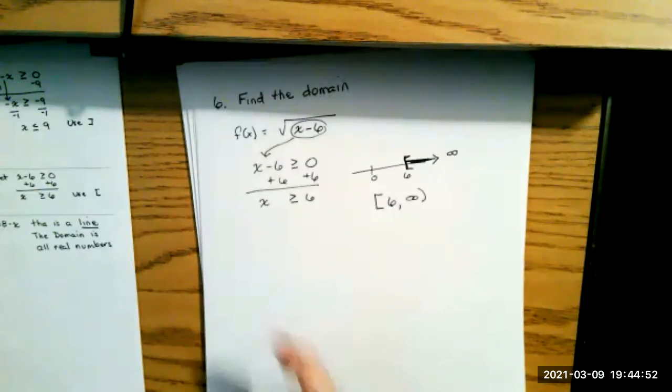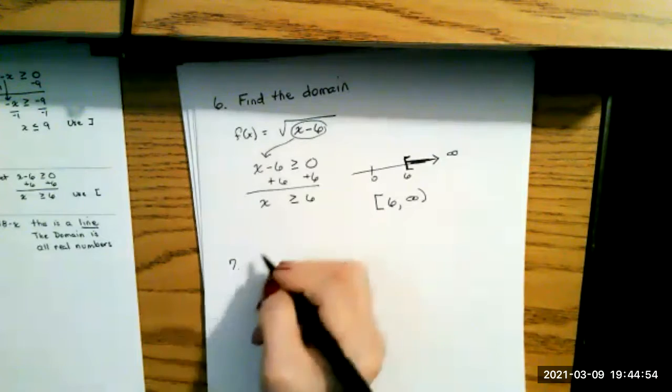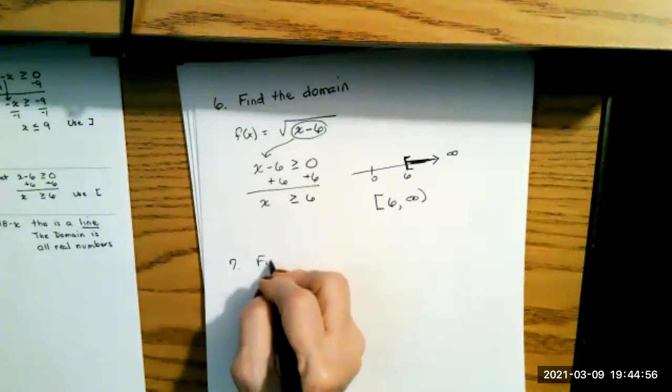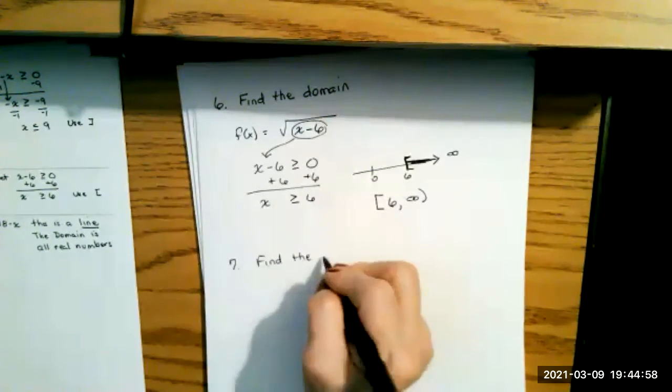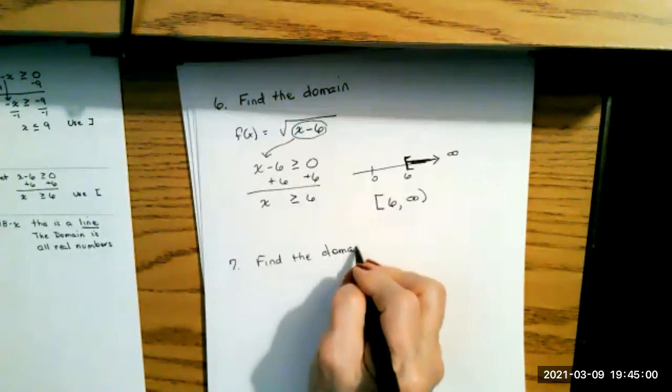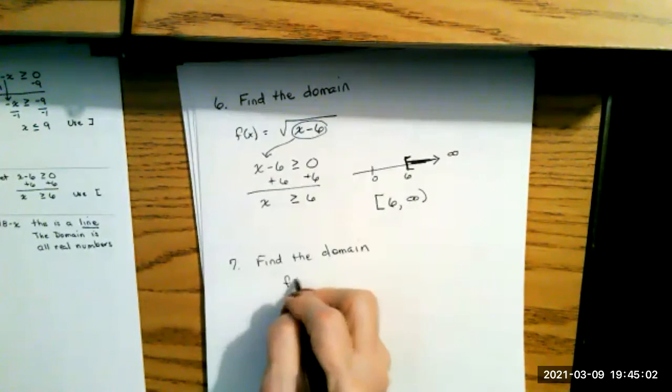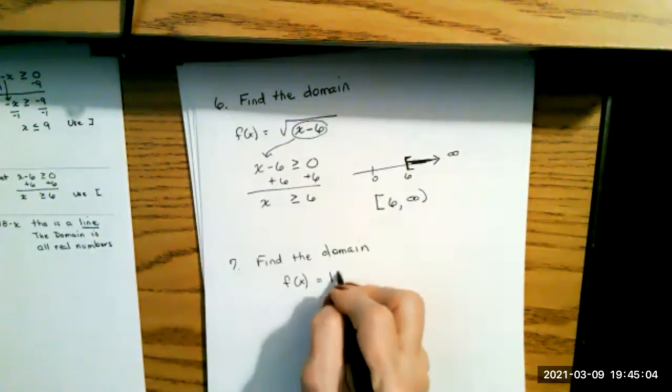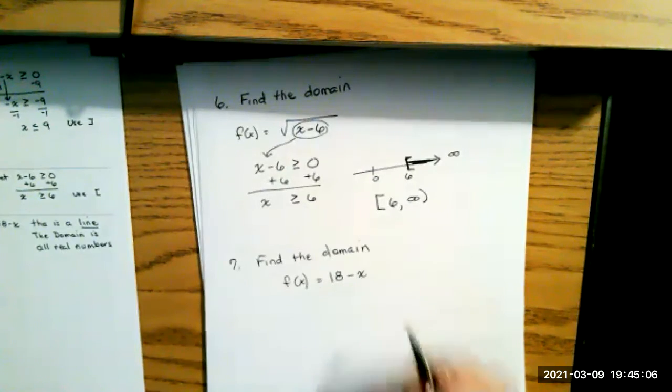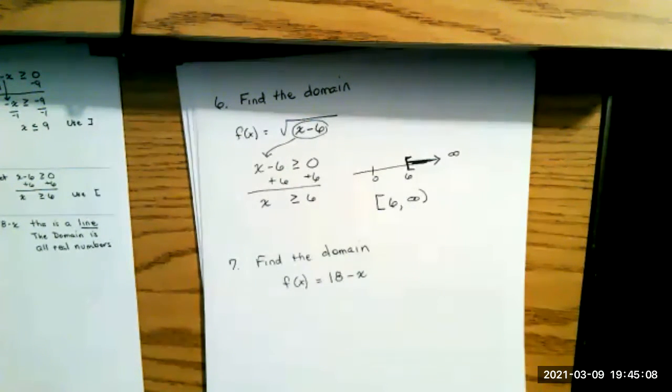Then the last one they give you, they're trying to trick you. It's find the domain. And we'll see if they trick you guys or not. It gives you f of x equals 18 minus x. And they want the domain. So what would you say the domain is?